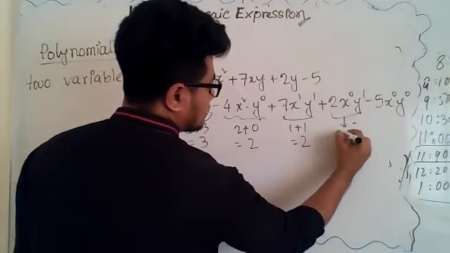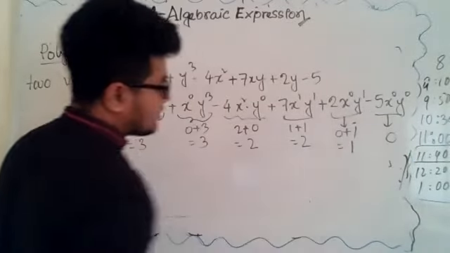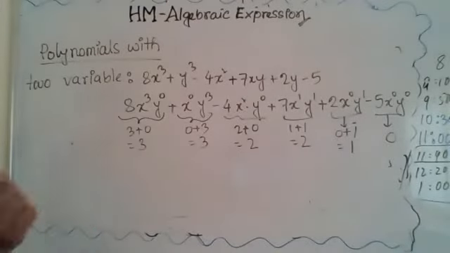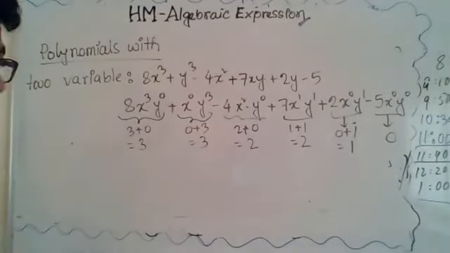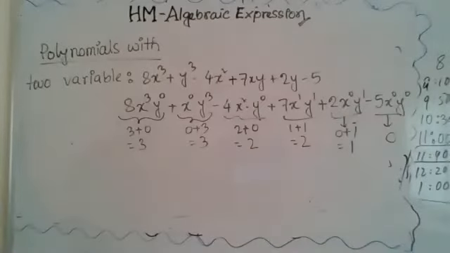Similarly, 0 plus 1 is equal to 1, and the degree of the last term will be 0. So, understood how to find out the degree of a particular term, not the polynomial. If I tell you to find out the degree of the polynomial, then you look at the highest degree. You can see that 3 is there, right? So, the degree of the polynomial will be 3.